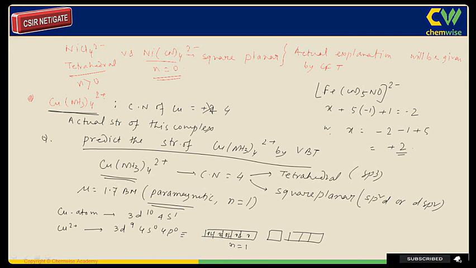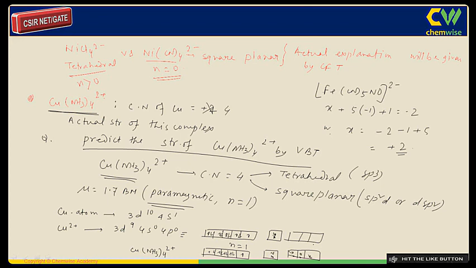So what would be the structure? The structure should be sp3. Now I come to the next. When copper goes to [Cu(NH3)4]2+, then one ammonia here, one ammonia here, one ammonia here, one ammonia here.